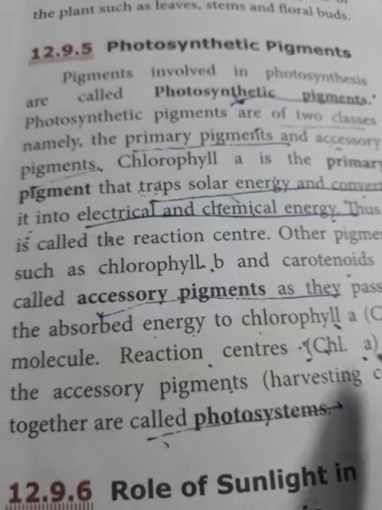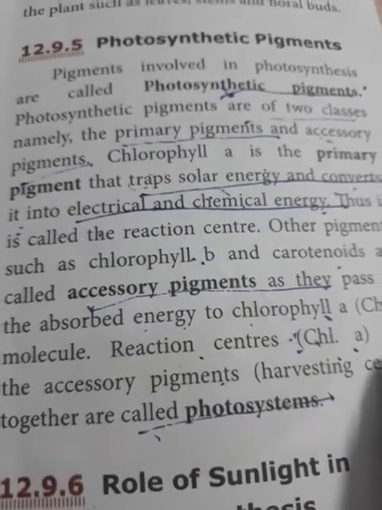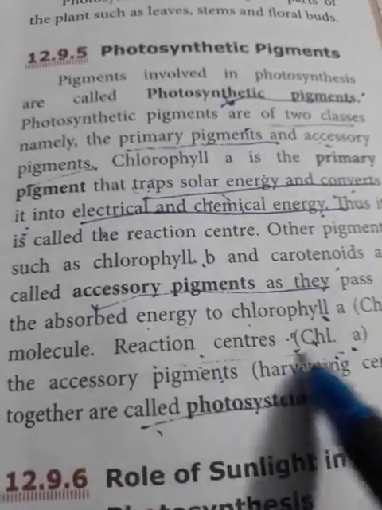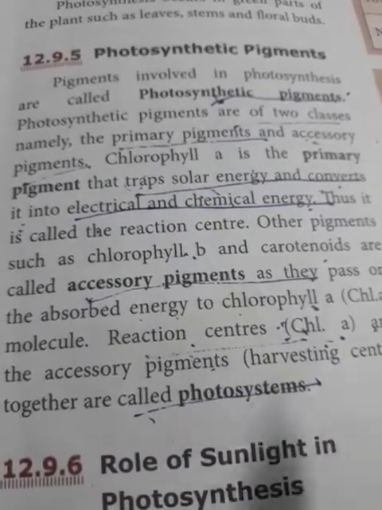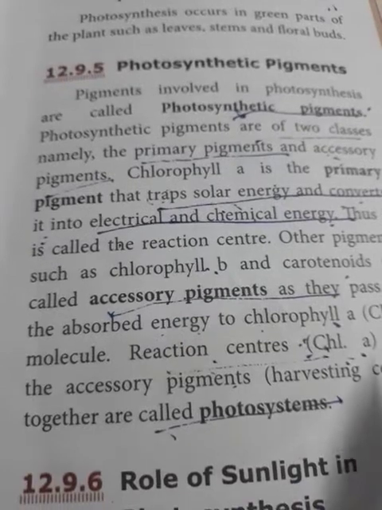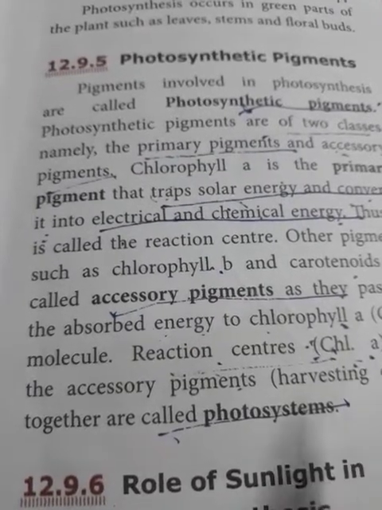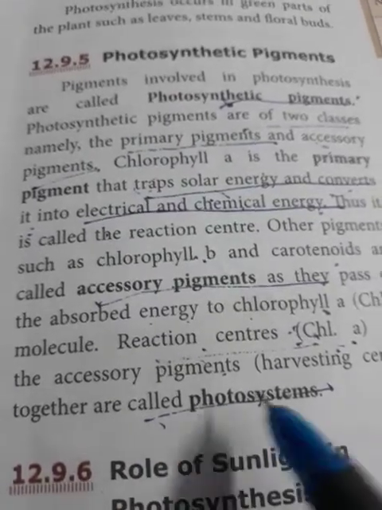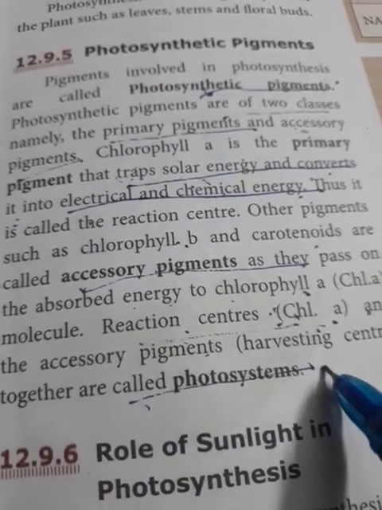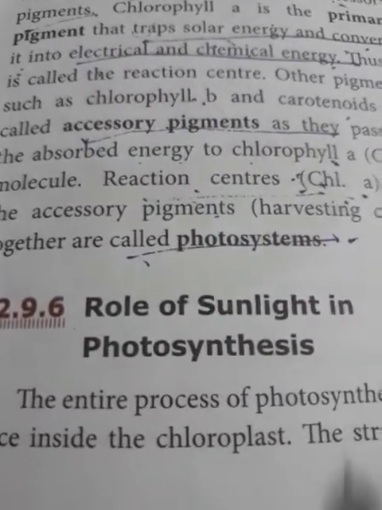Reaction means solar energy will be converted into chemical energy. That's why chlorophyll A is considered the reaction center. And the accessory pigments are harvesting, trapping the sunlight. So both chlorophyll A, the reaction center or primary pigment, and the accessory pigments together are called the photosystems.